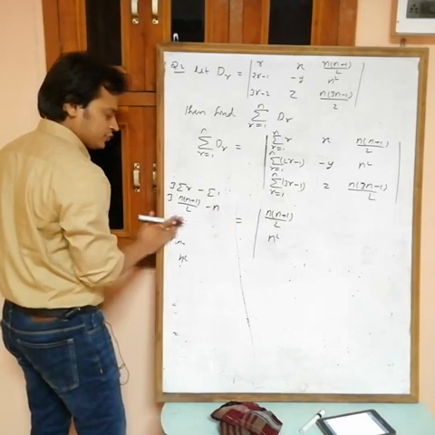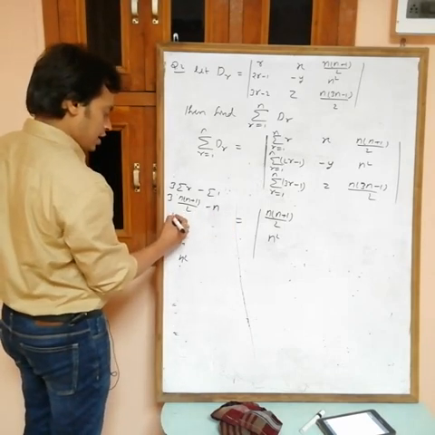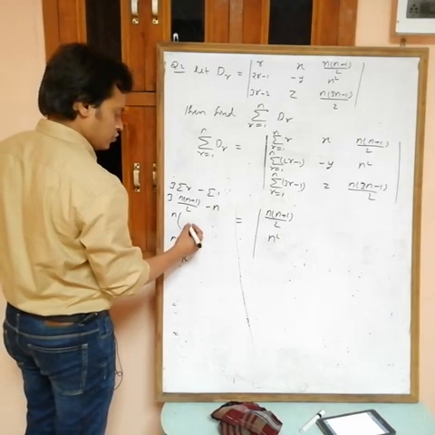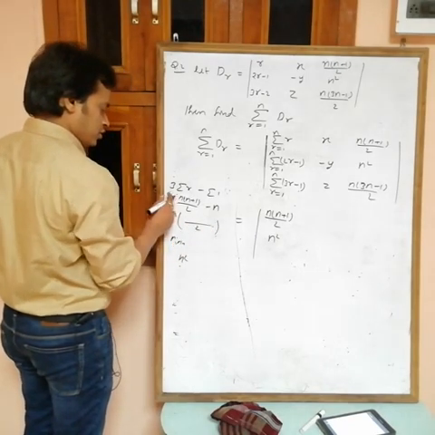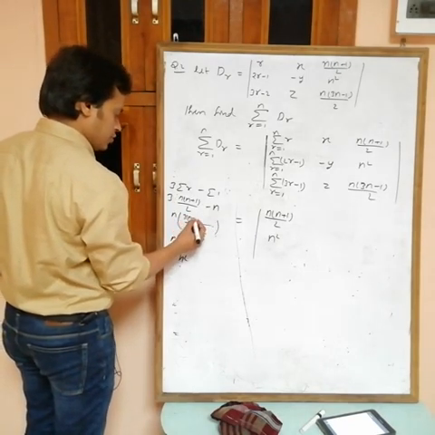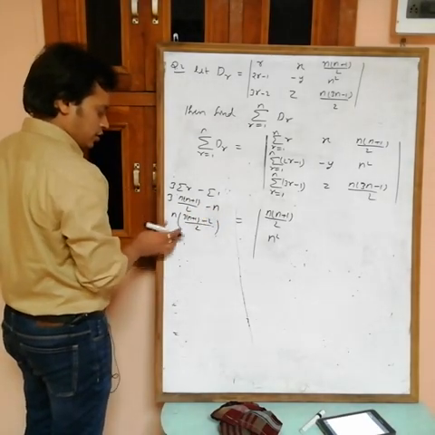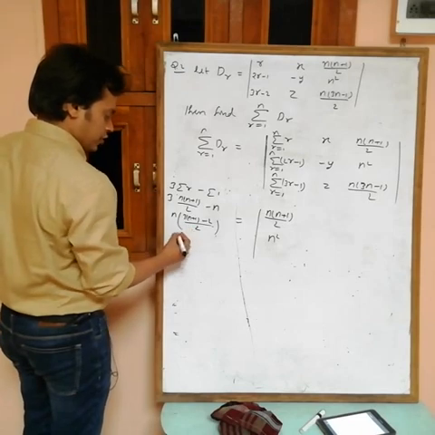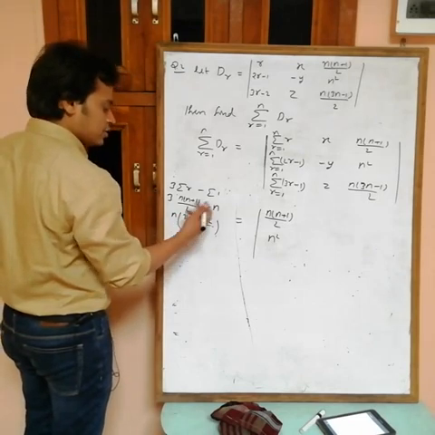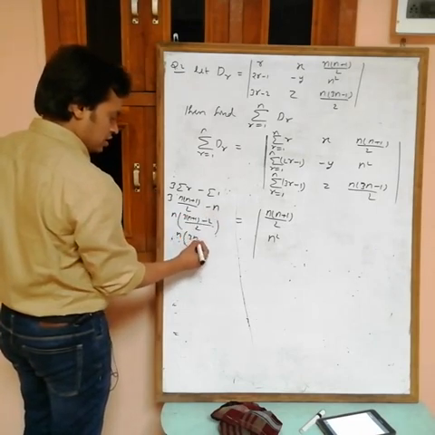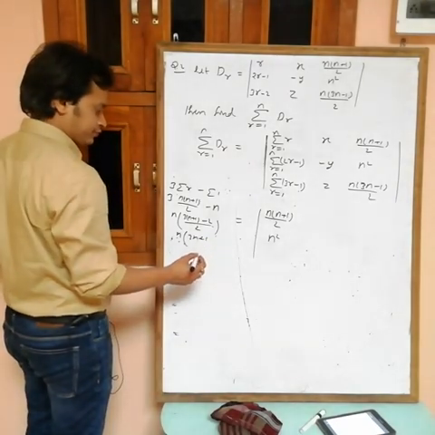In these two you can take n common. Now take LCM 2. Then we have 3 into n plus 1 and minus 2, because we are taking n common, so n into 3n plus 3 minus 2, so 3n plus 1 you will get.